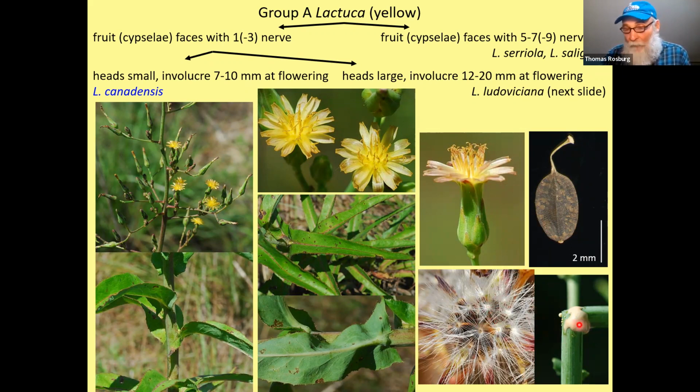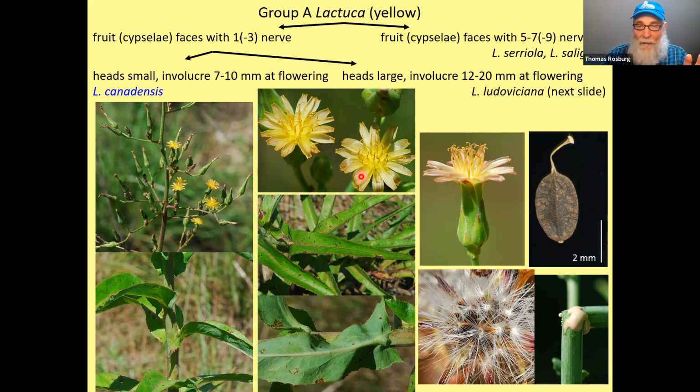The sap, the colored sap, the latex on Canadensis has got a very definite brownish, tannish look to it. And I mention it because the species that you will have the most problem confusing with this is the non-native prickly lettuce, because those are the two most common species. And they look somewhat similar, just leaf-like, and they have yellow ligules, so flower color is the same.